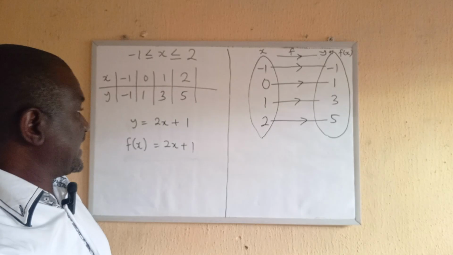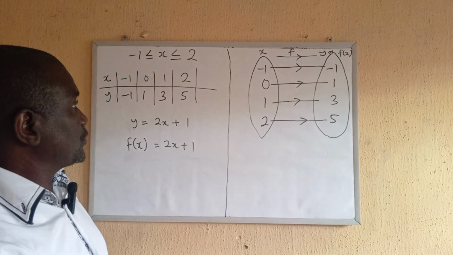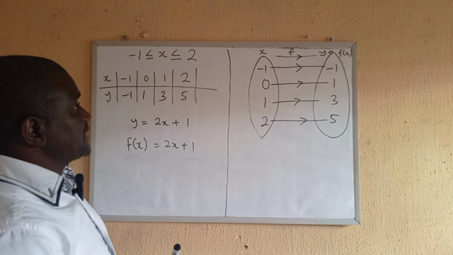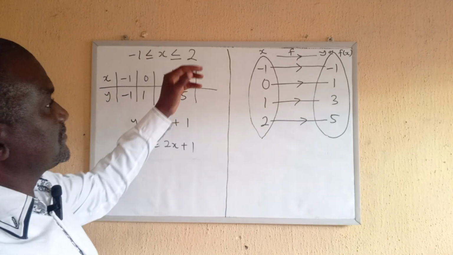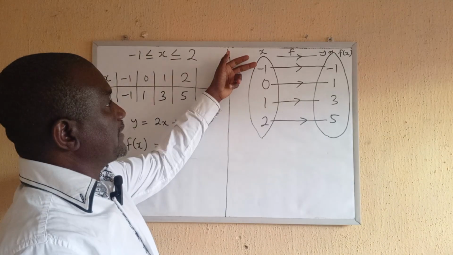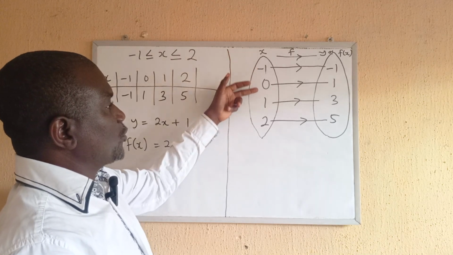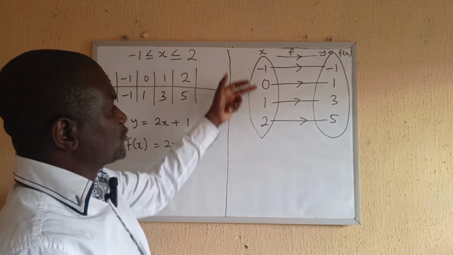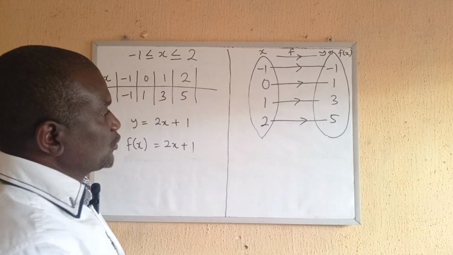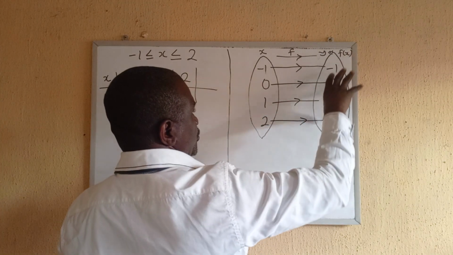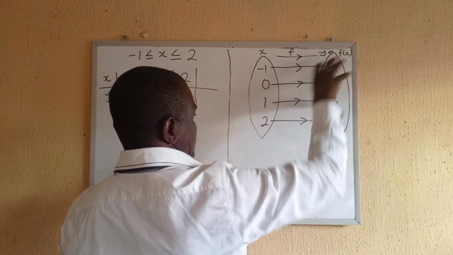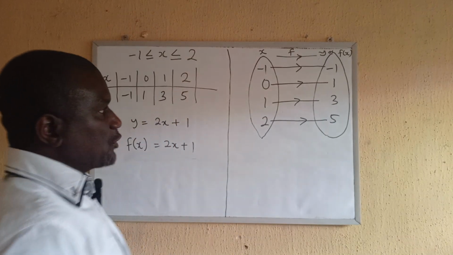Take note, we said a function is a mapping that assigns each element in the domain, this each element said to be our input, to an element in the codomain, which is said to be our output.